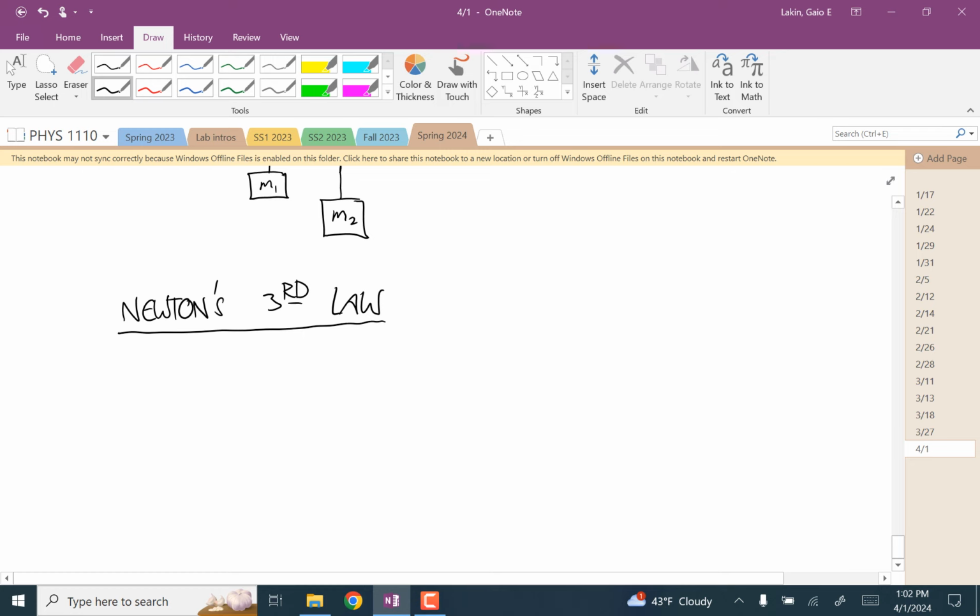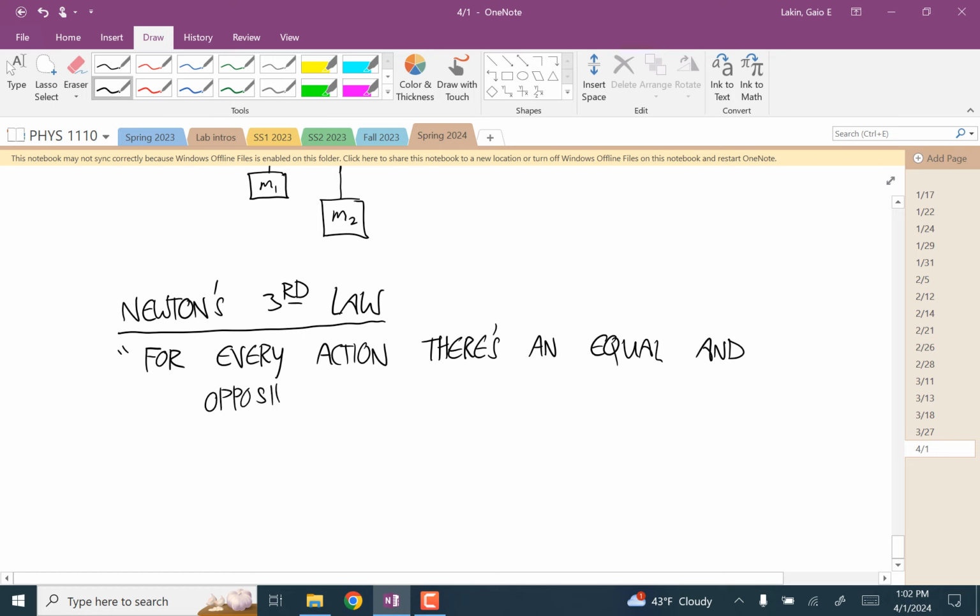And in Newton's famous book, the wording is something like, for every action, there's an equal and opposite reaction. You've probably heard that before.